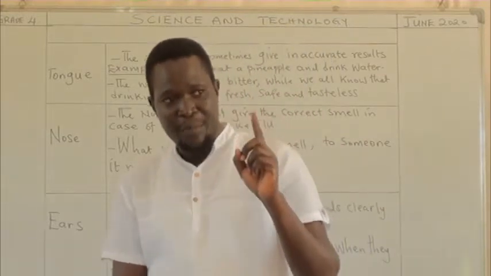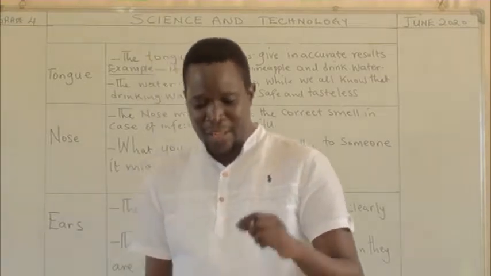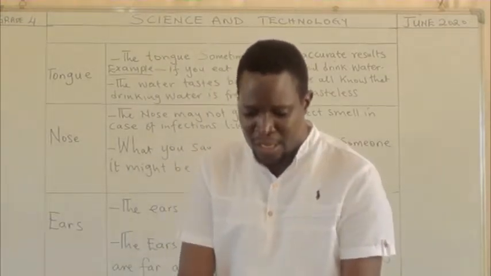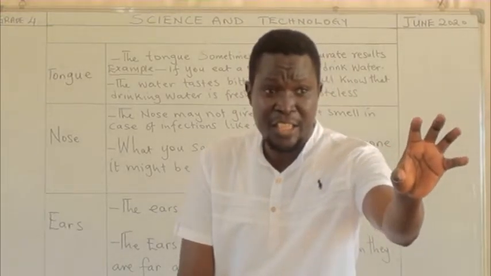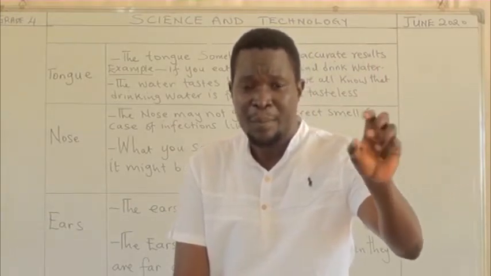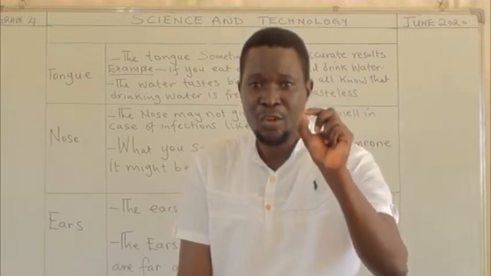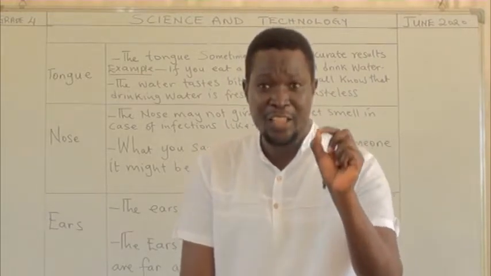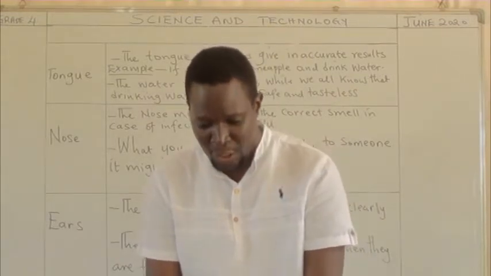So, the limitation of the eye is that the eye can give an exact image of something and we can see it well. But when we use the eye to estimate the length of an object or the length of a field, our eyes will not give us the correct answer.